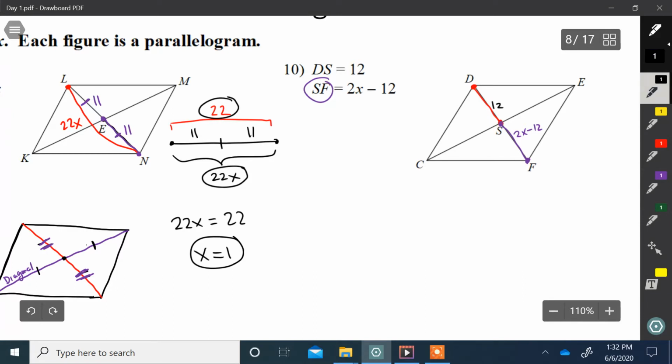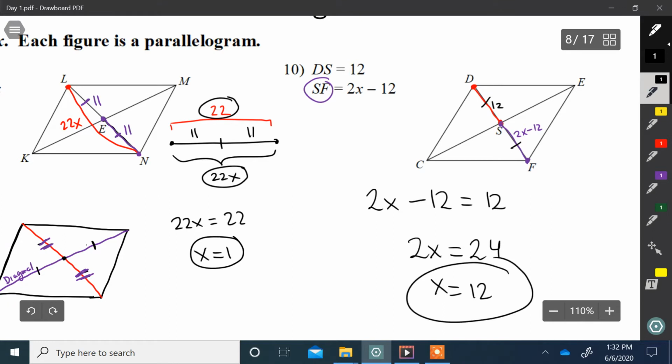I already said, guys, that this is congruent to that right there. So the way we set up the problem is very simple. We say that 2x minus 12 is equal to 12. And then we go ahead and solve the problem. We add 12 on both sides. We get 24, and then x is equal to 12. As simple as that.